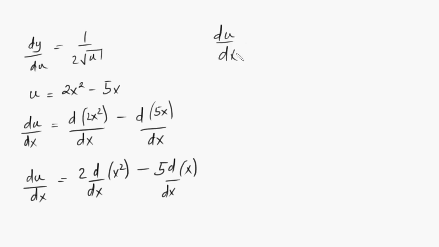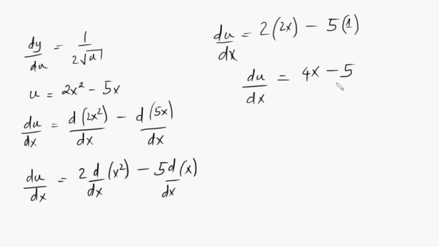So my du/dx will just be equal to, if I differentiate x squared what do I get? 2x. That is the formula I don't like repeating, which I am using there. And if I differentiate x what do I get? 1. So my du/dx is just equal to 4x minus 5. This is my du/dx, and I have my dy/du.